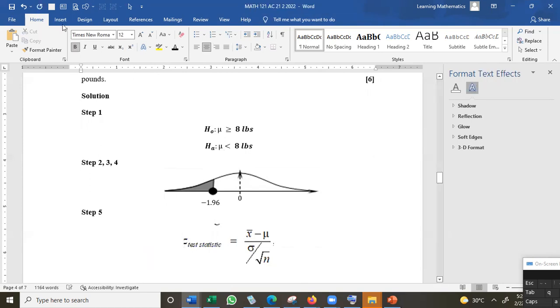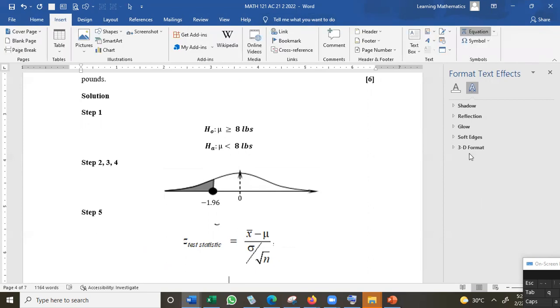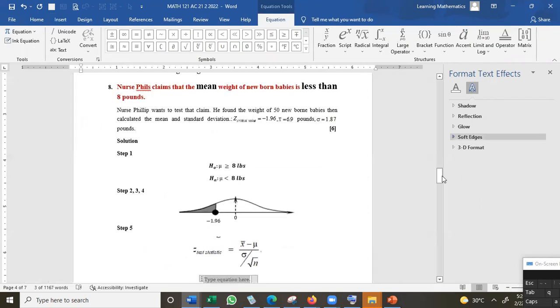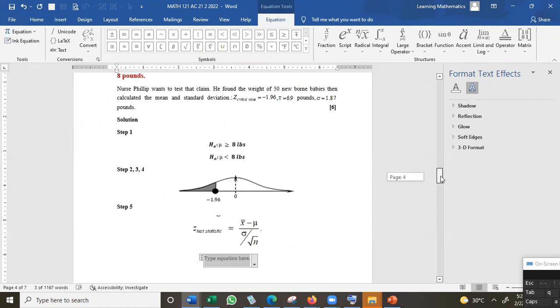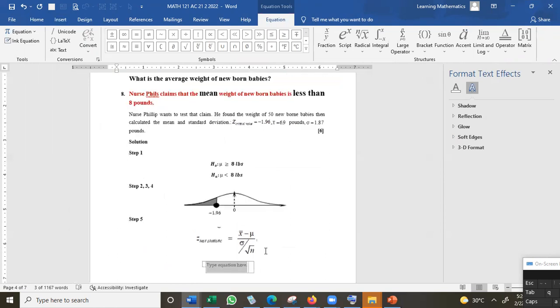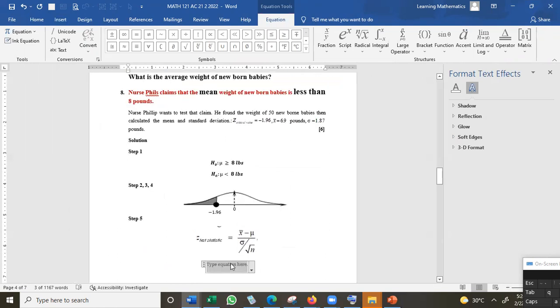So the z-test statistic, we go to insert, we go to equations, minimize this a little bit. Okay, minimize a little bit again. So z underscore TST, you can put test statistic for TST.